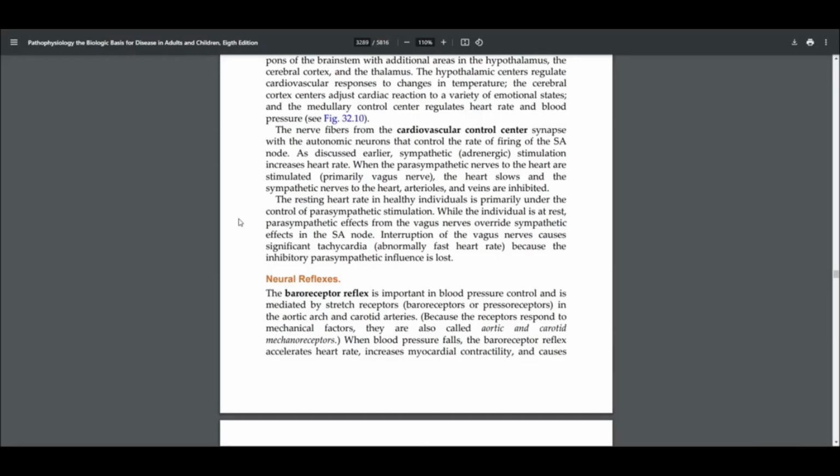While the individual is at rest, parasympathetic effects from the vagus nerve override sympathetic effects in the sinus, or the SA node. Interruption of the vagus nerve causes significant tachycardia, an abnormally fast heart rate, because the inhibitory parasympathetic influence is lost.